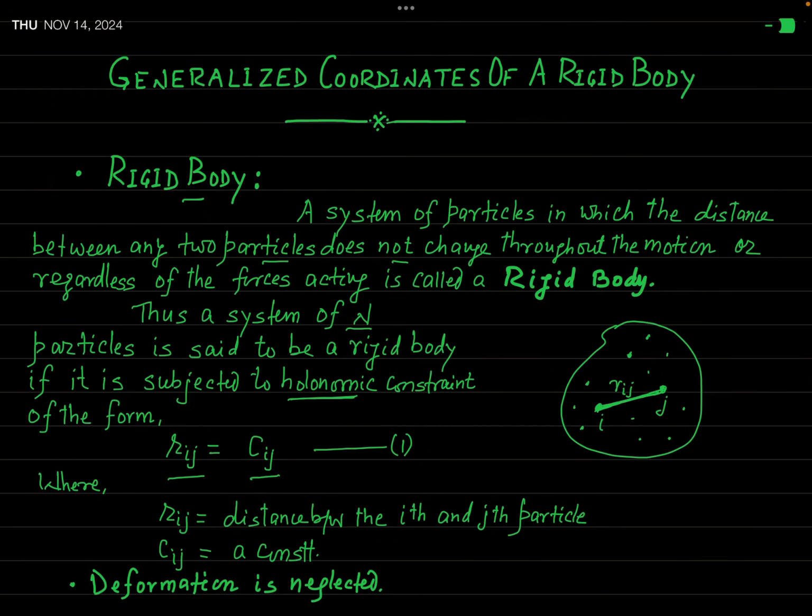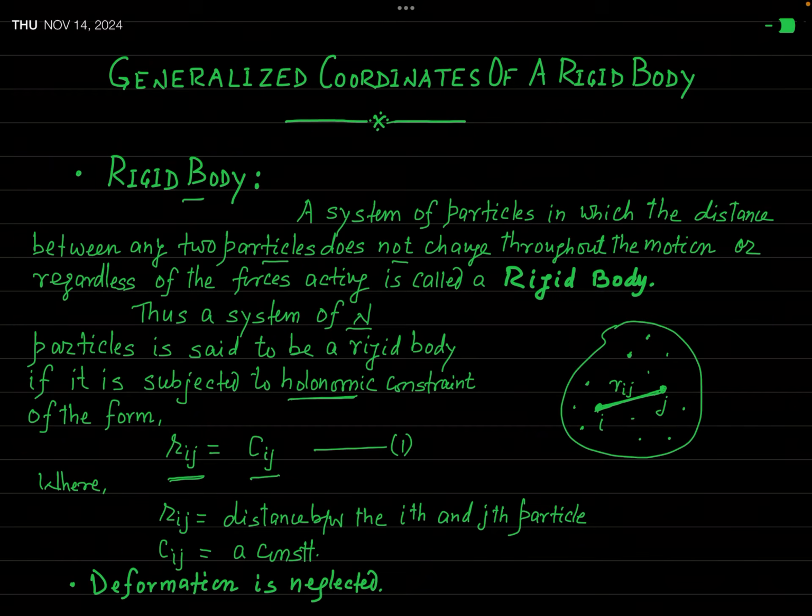This is just an ideal situation. Actually when deformation takes place, definitely the distance between two points or two particles of a rigid body will change, but we neglect it for the time being for the discussion of motion of the rigid body. So what is a rigid body? I think now you have understood.